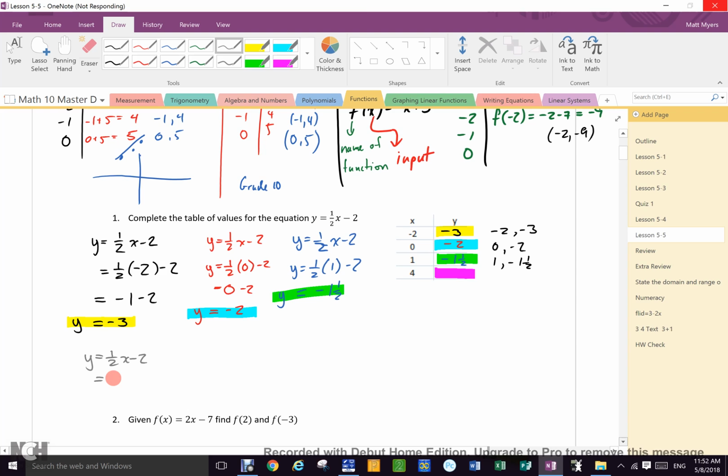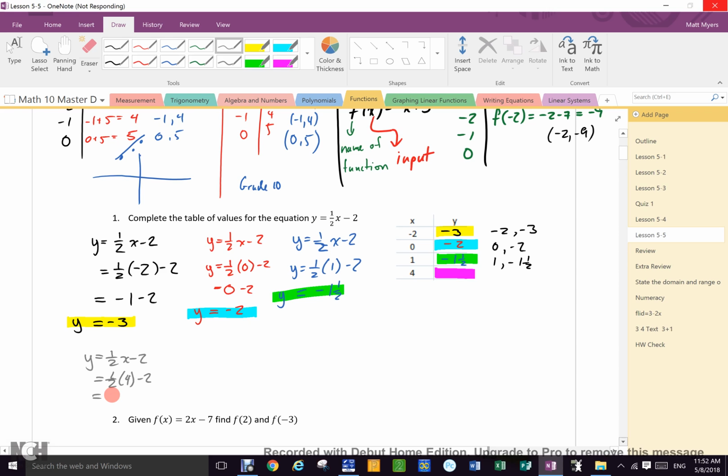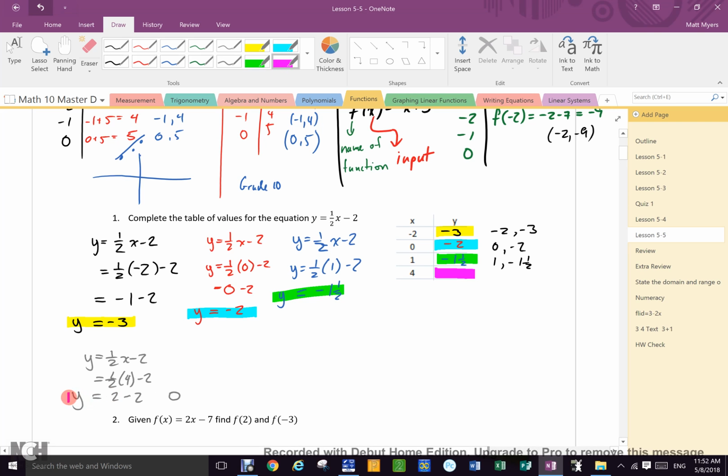What is 2 minus 2? 0. That equals y. So, what do I write in my last box? 0. And what is my ordered pair? 4, 0. Can everybody do grade 9?